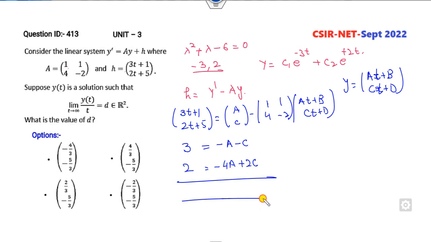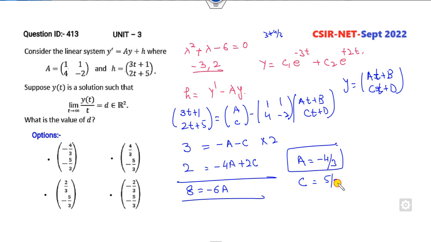Now if I multiply by 2 and add them, it's 6a. So a is minus 4 by 3. If I substitute a as minus 4 by 3 here, c will be 5 by 3.